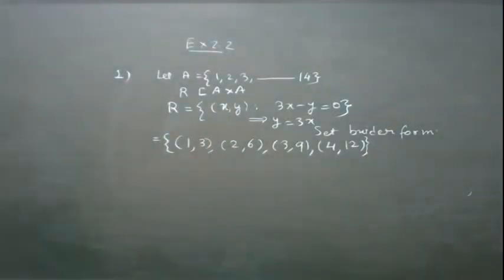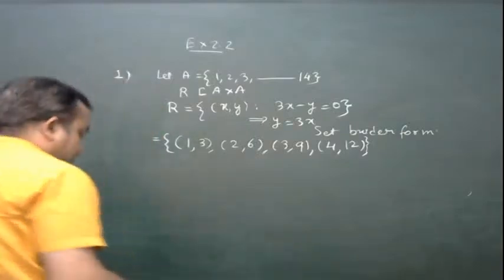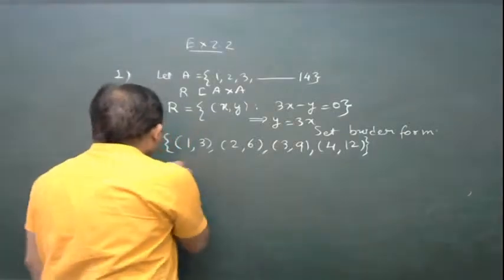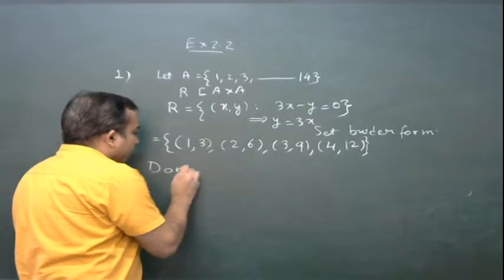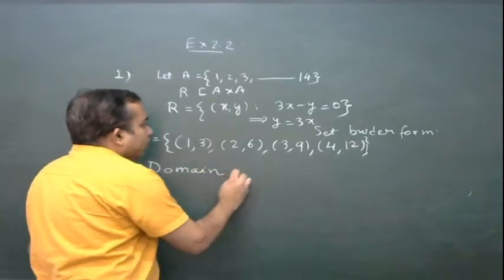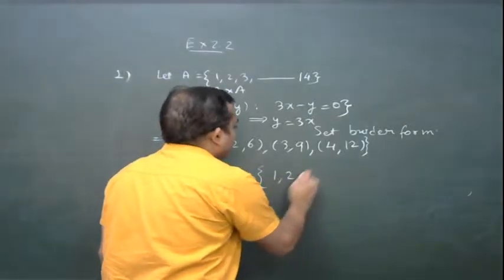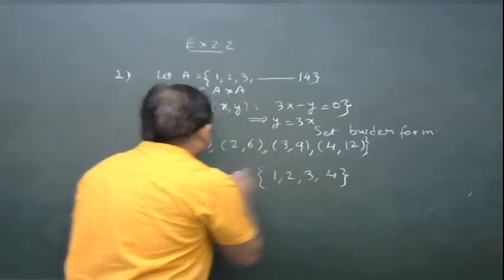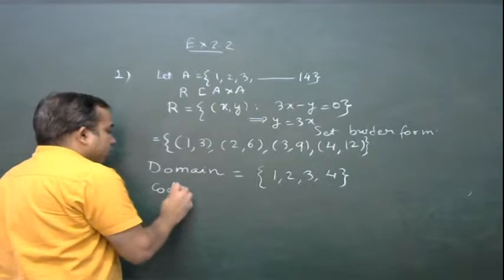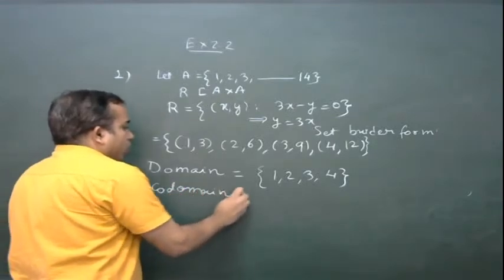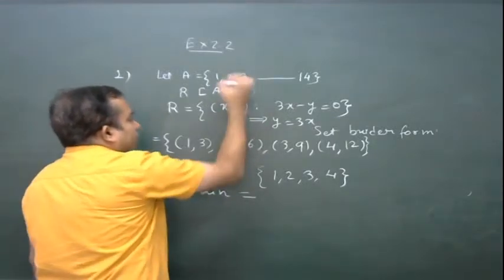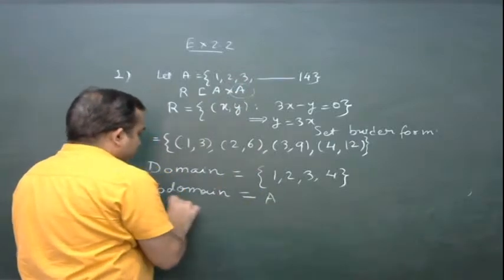Now I have to write its domain. Domain means the set of first elements. First elements are 1, 2, 3 and 4. I should write codomain. Codomain is the second set, whatever it is, and I should write range.